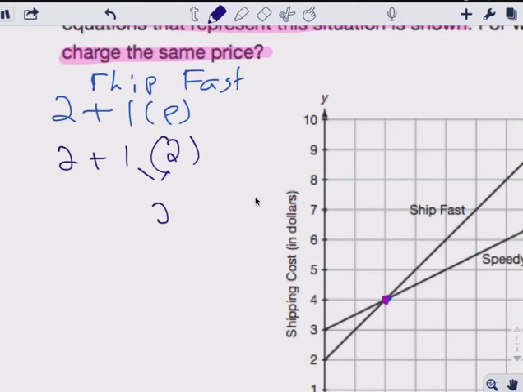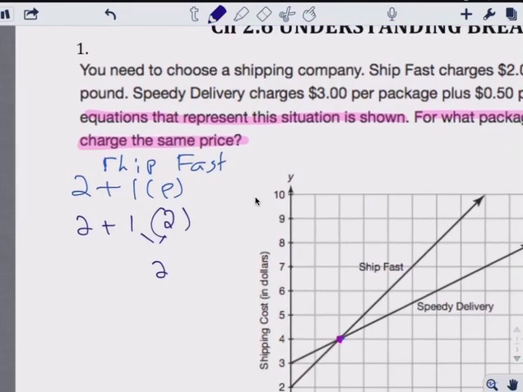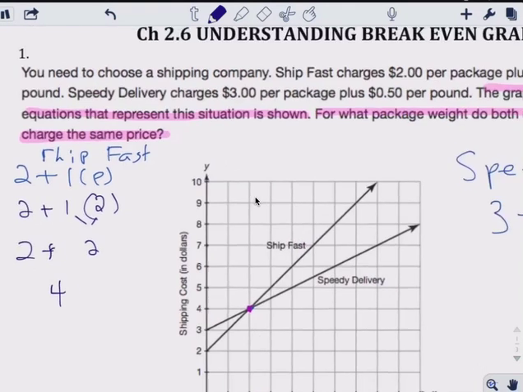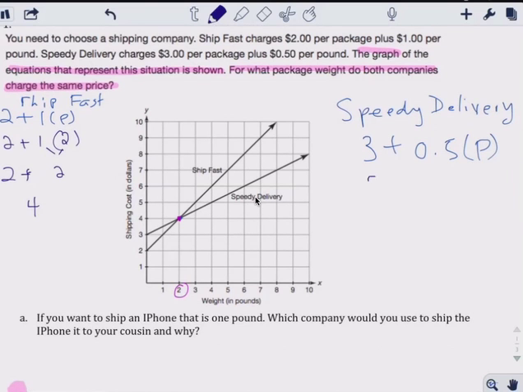Okay, Ship Fast. So how much would Ship Fast charge you? $4. Let's do Speedy Delivery. 3 plus 0.5 times 2. 0.5 times 2 is 1.